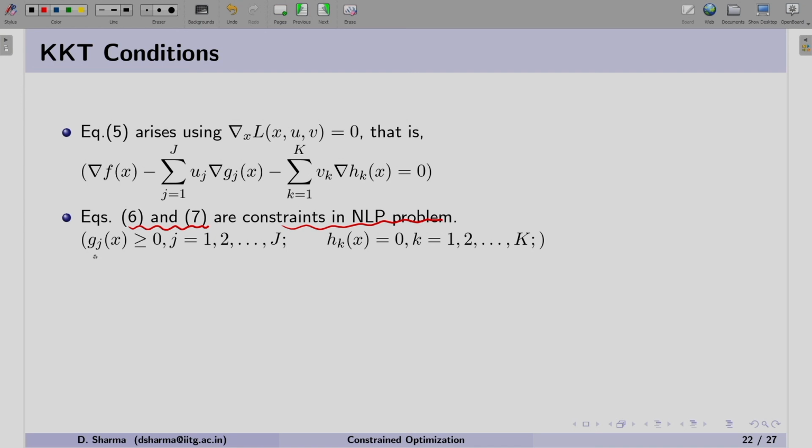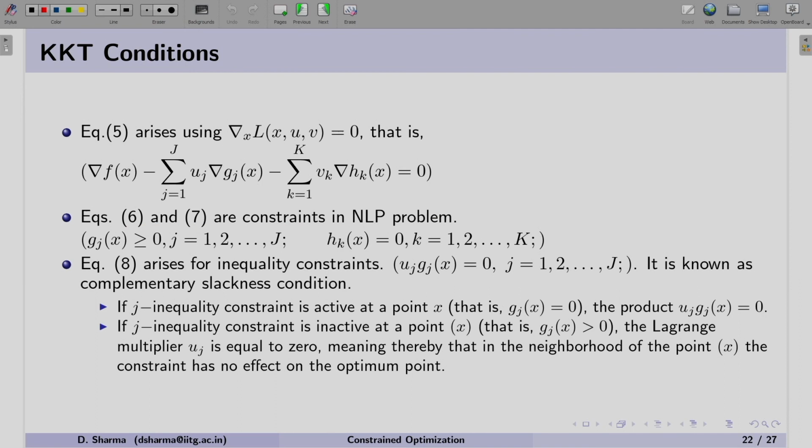So, that is why Gj of x is greater than or equal to 0 and Hk of x equals 0. Thereafter, we get another condition in equation number 8, that is Uj Gj equals 0.